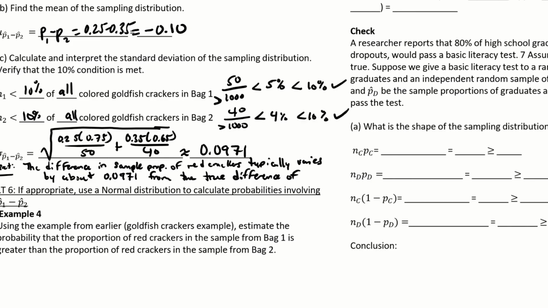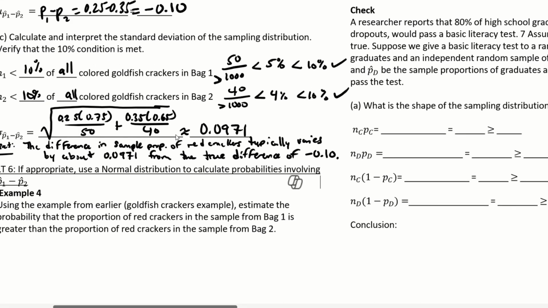True difference in proportions, I guess you can say, of negative 0.9, but that's fine. We can do it like that. All right. So there you go. So that's your interpretation. Okay. All right.